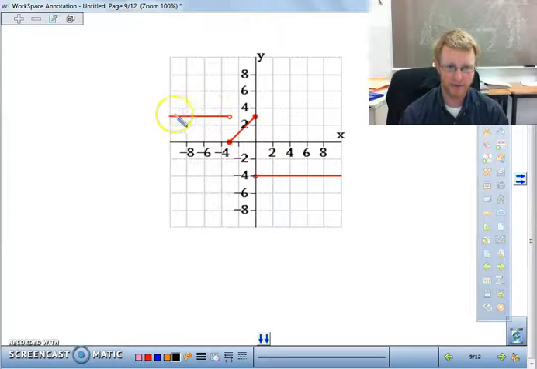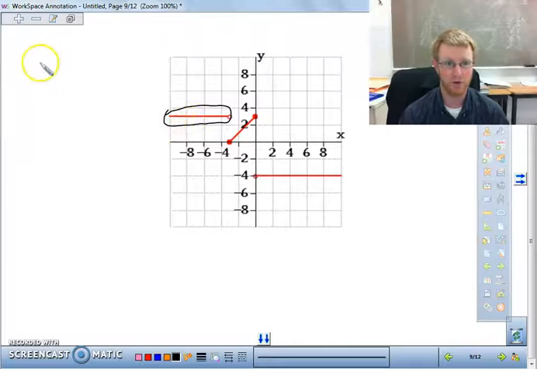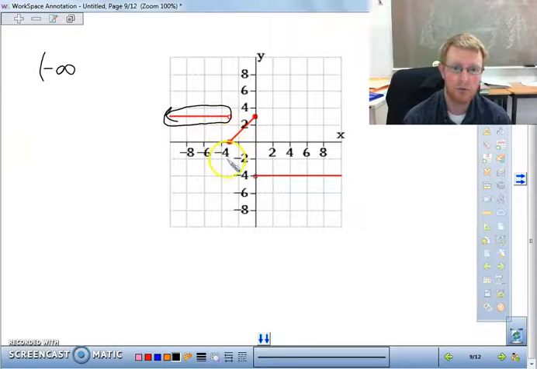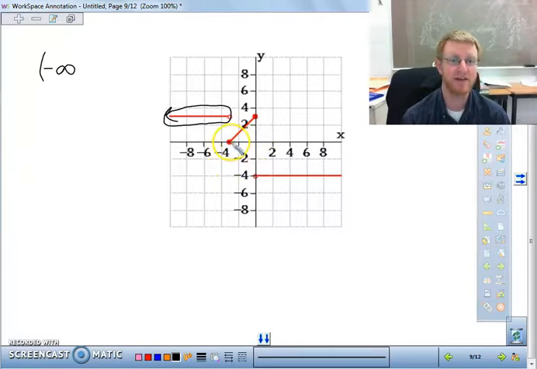So what do we mean by that? Well, if you look at this line right here, this line is a certain interval on our graph. And you remember we did interval notation. So if you look at this graph, we are going from negative infinity all the way to, let's say, negative 3.